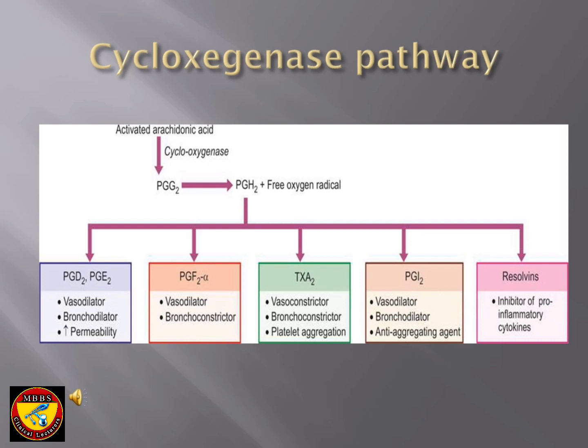Anti-aggregating agent means it is against platelet aggregation. So just remember that thromboxane A2 causes vasoconstriction, bronchoconstriction, and platelet aggregation. It enhances the plaque formation, right? So these are the cyclooxygenase pathway and its metabolites.